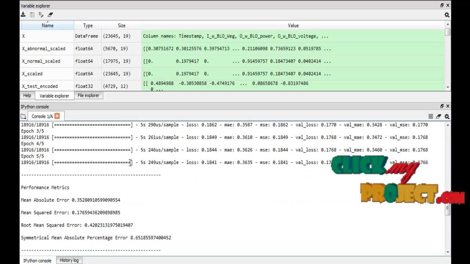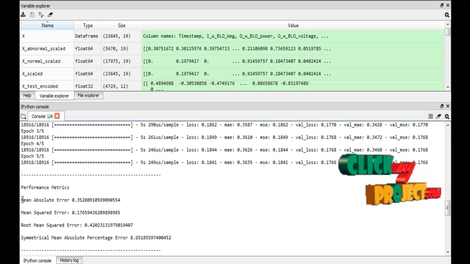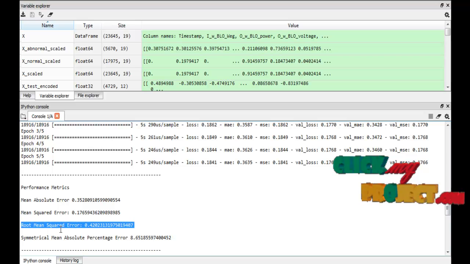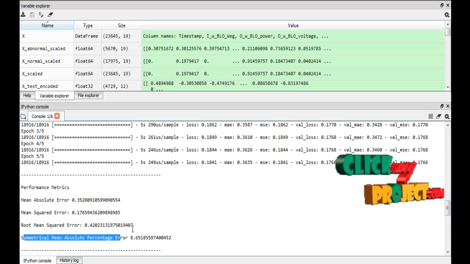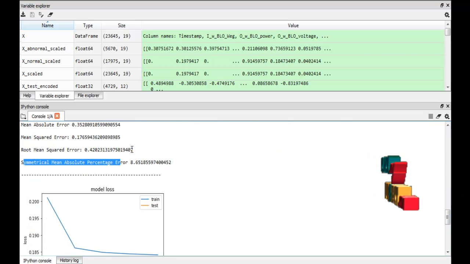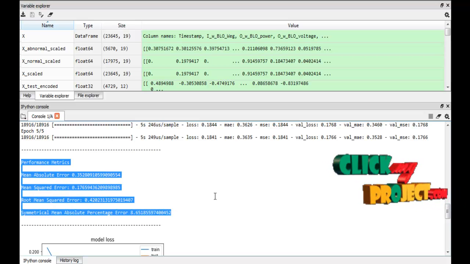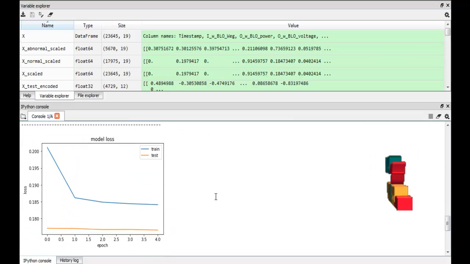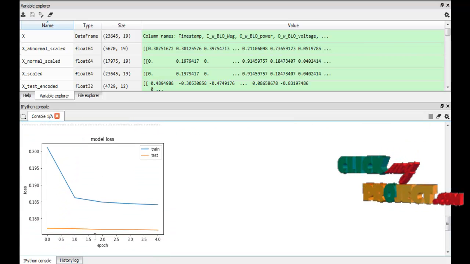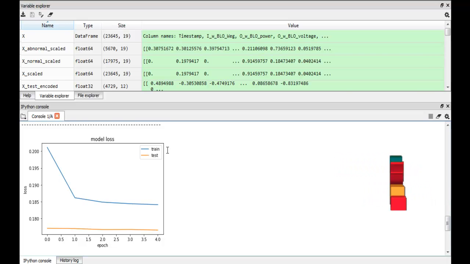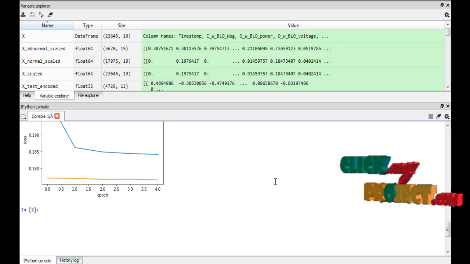By using LSTM, we find some performance metrics: mean absolute error, mean square error, root mean square error, and symmetrical mean absolute percentage error. So these are the error values for time series forecasting. Finally, we evaluate the graph for test and training. So this is our output. Thank you.